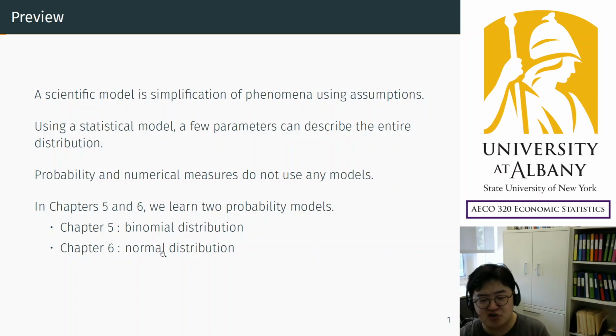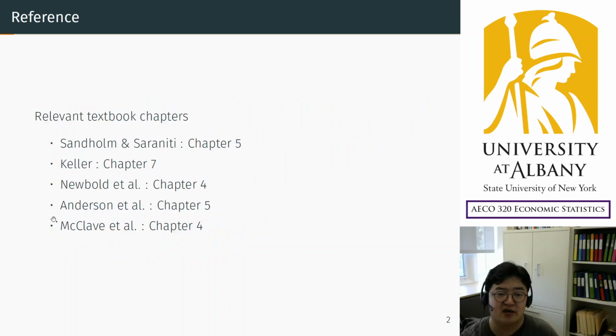There are more distributions like Poisson, exponential, gamma, and beta distributions. There are a lot of distributions, but I'm not going to discuss them in this course. So, okay, let's get started. We are going to start the binomial distribution.